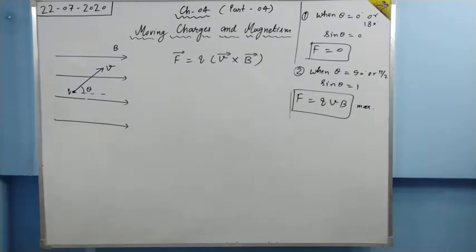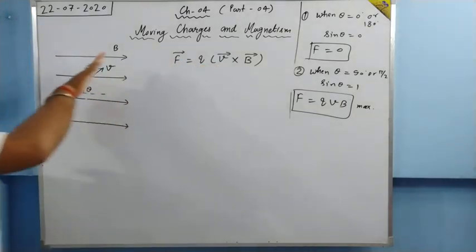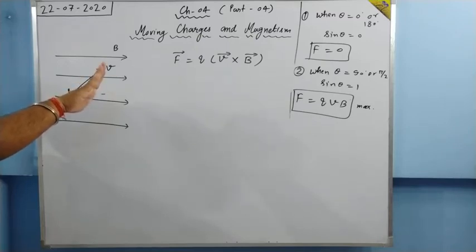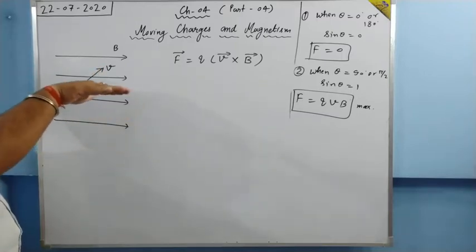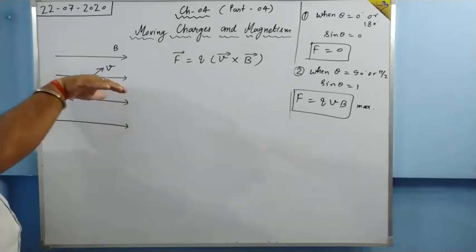What do you have to do? First of all, you have to keep all your fingers towards the direction of V, like this. And then you have to fold them towards the direction of B, like this. V and B. Then the extended thumb, which you are not able to see because it is at the back, is inside the plane of the board.